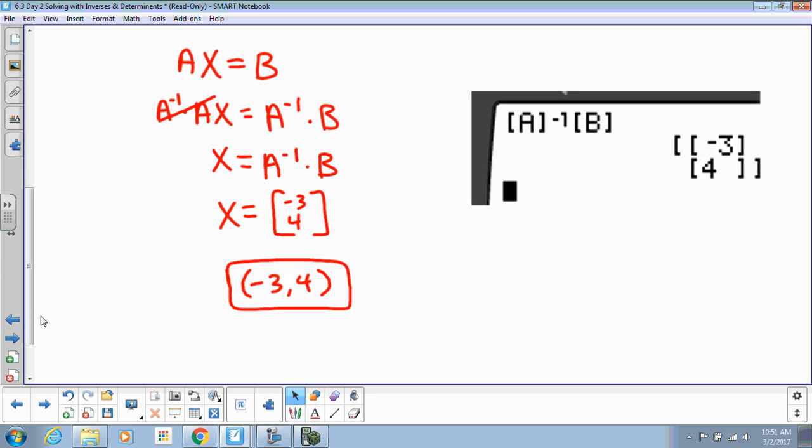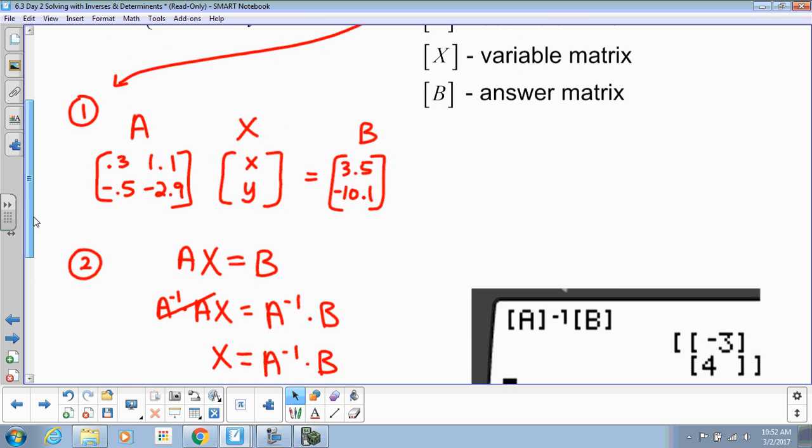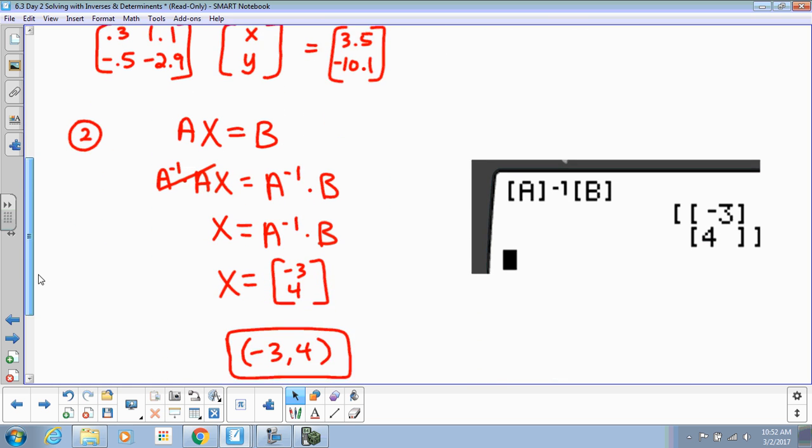Anybody else have a question about this? Okay, this is what I would call here, like step 2. So if you used your calculator on your test, okay, then you need to show this work.